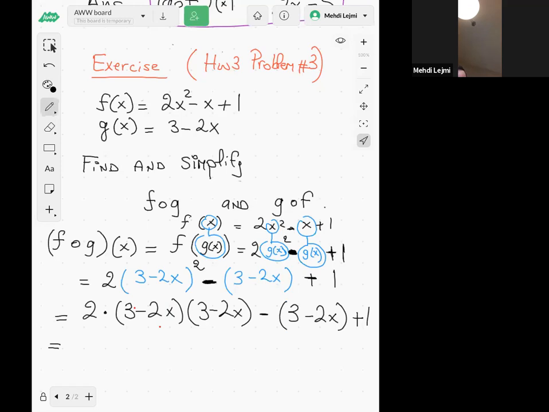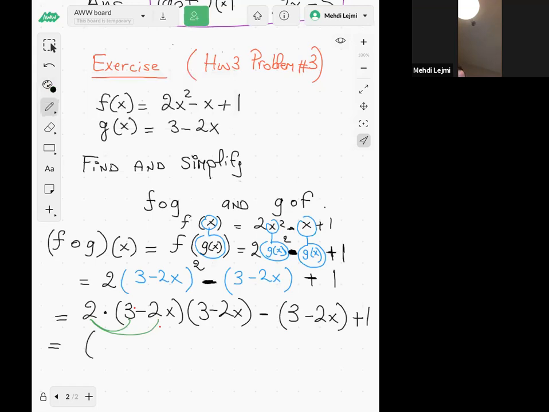So anyway, here let's just multiply by 2, like 2 times 3, and this 2 here times this 2. Lisbeth, yeah, Sean, Lisbeth, both of you are correct. Yes, it's -4x squared minus 2x plus 1 for G composed with F. Yeah, very good.